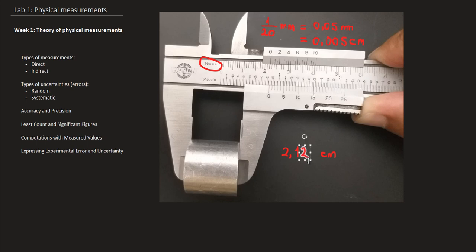So it's not 2, it's 3. And after this 3, we have this other line, which is what I am considering. So here the measure is this. Take into account that this is split into 1 divided by 20 millimeters, which is 0.005 centimeters. And this is giving us a better measurement of this height.